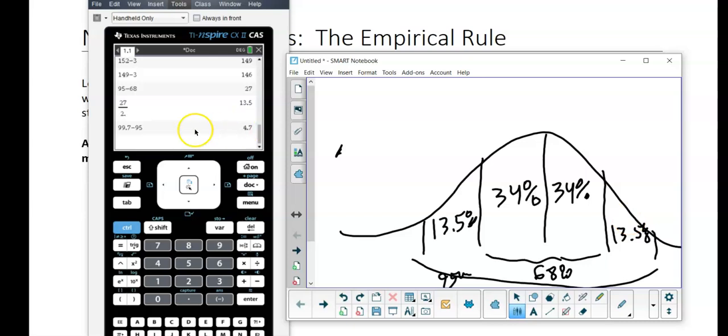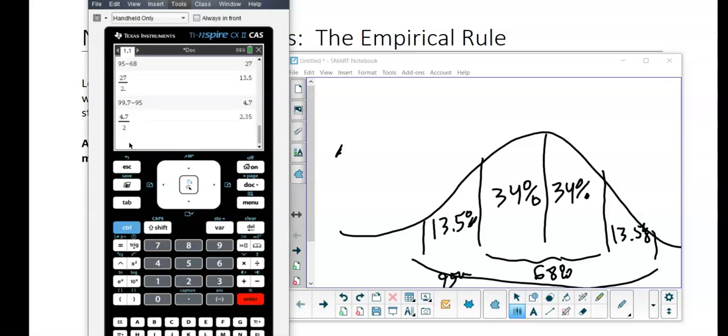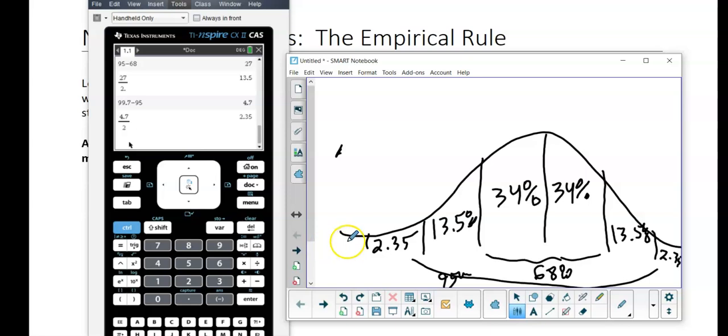And so if I take that 4.7 and divide it by 2, I have 2.35 in the next part here. And I also have 2.35 on the other side, from the second to the third standard deviation. There's actually a little piece out here. So I think it's 0.15% on the very, very end on both ends. I kind of ran out of room there, but 0.15% on each end.